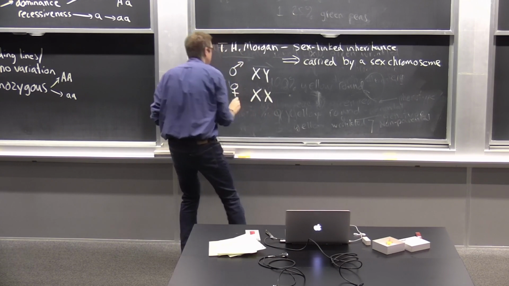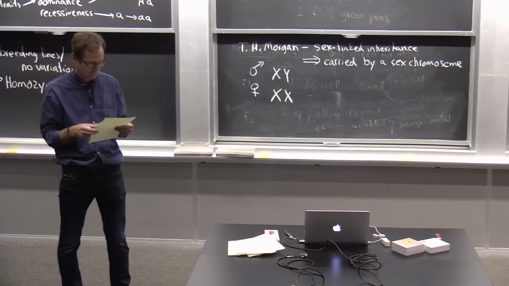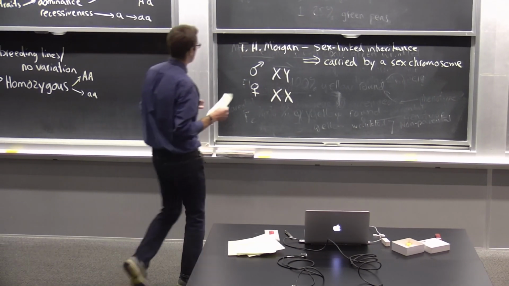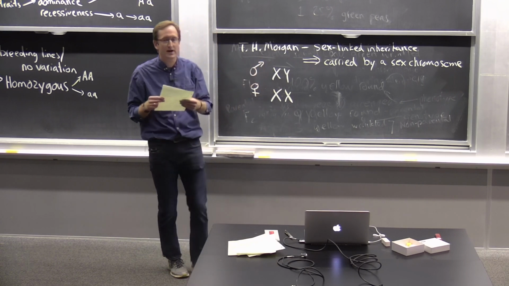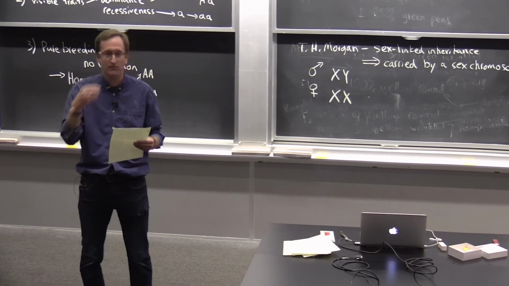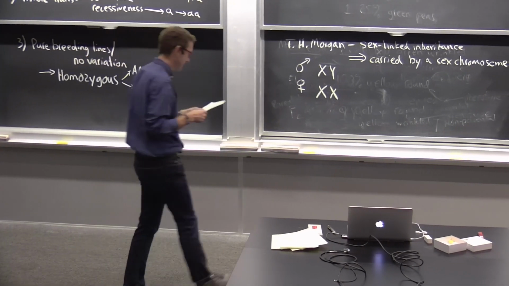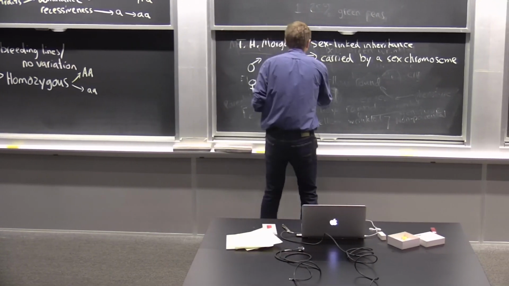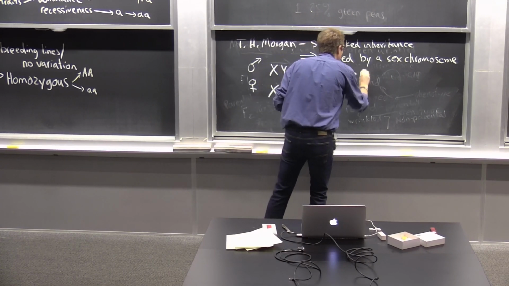And females have 2 X's. The presence of these sex chromosomes was known in the fly, and it was known that if a fly had an X and a Y chromosome, it would be a male fly, and if a fly had 2 X chromosomes, it would be a female fly. And normally, normal flies have red eyes.